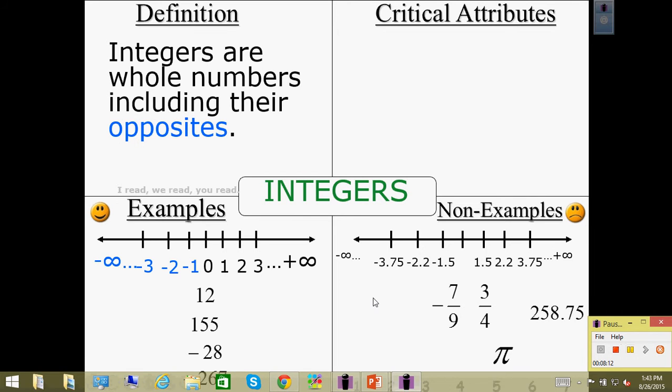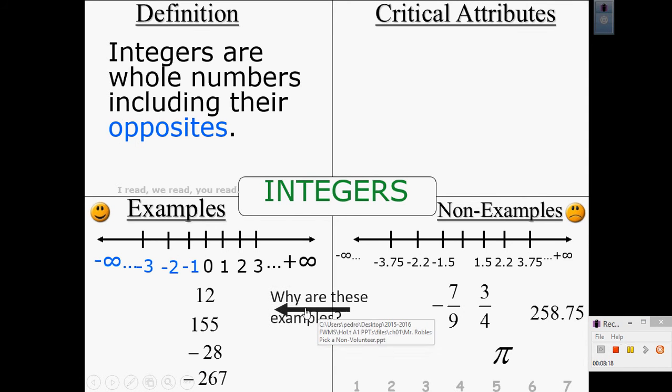All right. So we know why these are integers. So I said you were writing this down and you were thinking, why are these not integers? So share with your neighbor, why are these not integers, please? Okay?